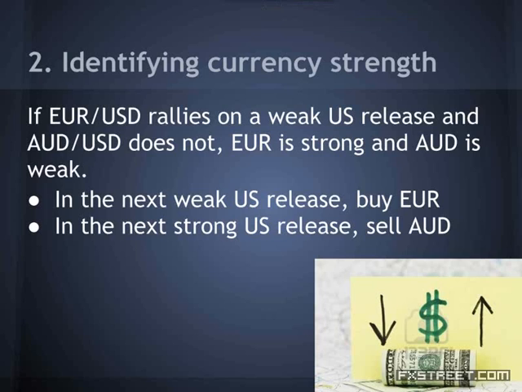So in the next U.S. release, the better thing to do is to buy the euro against the dollar and enjoy the euro strength when the dollar is weaker. But if on a strong U.S. release, it's better to sell the Australian dollar because the Australian dollar is weak rather than selling the euro, which is relatively strong.